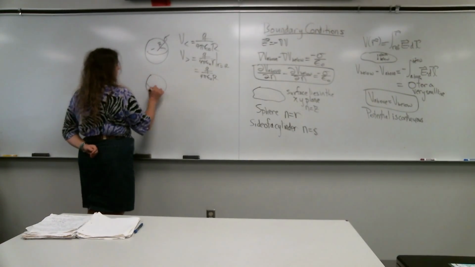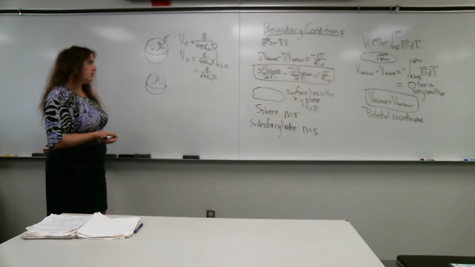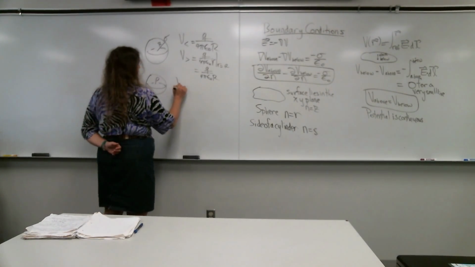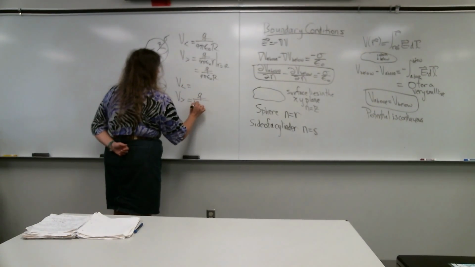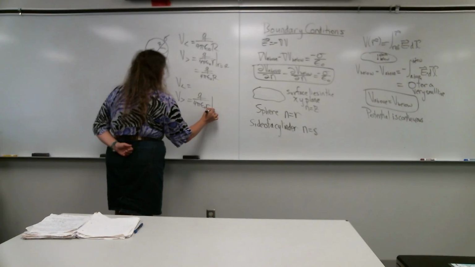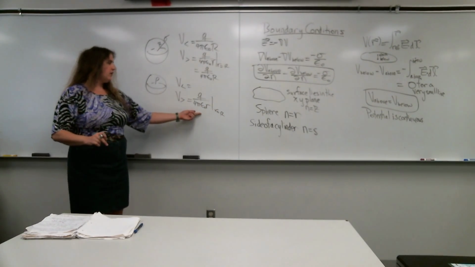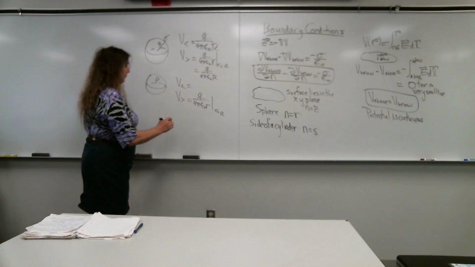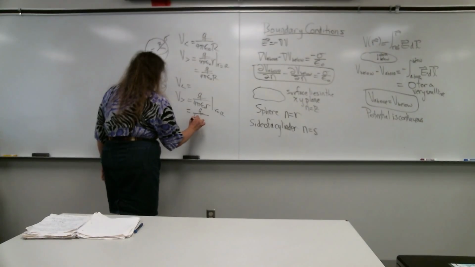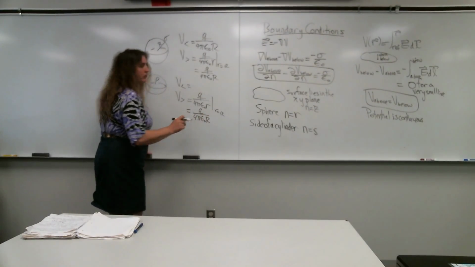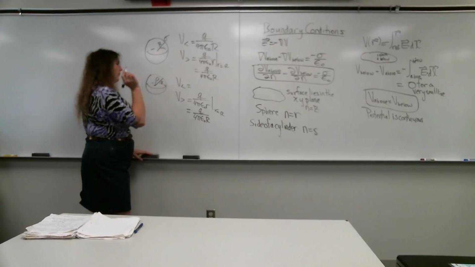Now for the uniformly charged solid sphere, outside you're just going to have Q over 4 pi epsilon naught big R, or little r I should say. Evaluated at the surface, we replace that with the radius of our sphere.